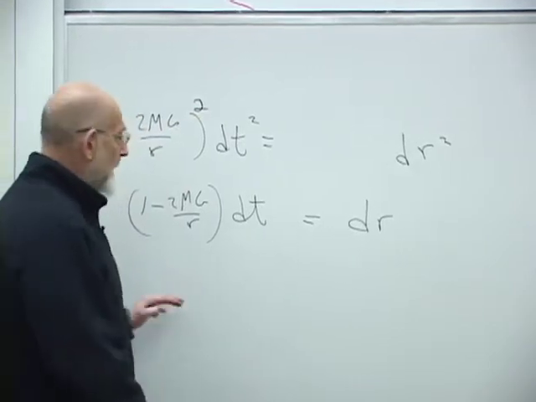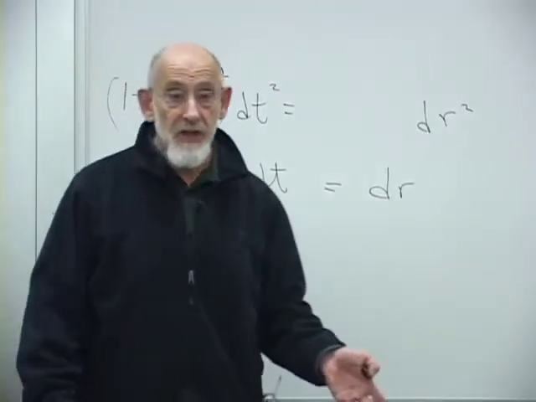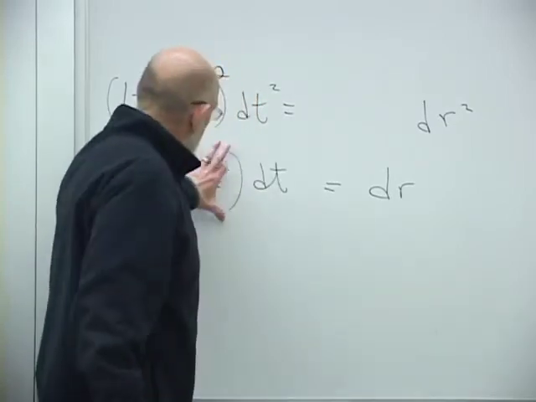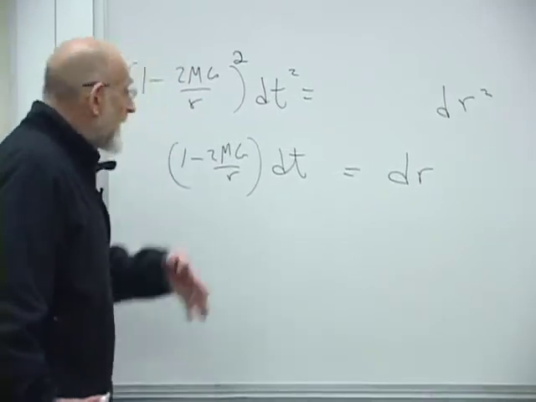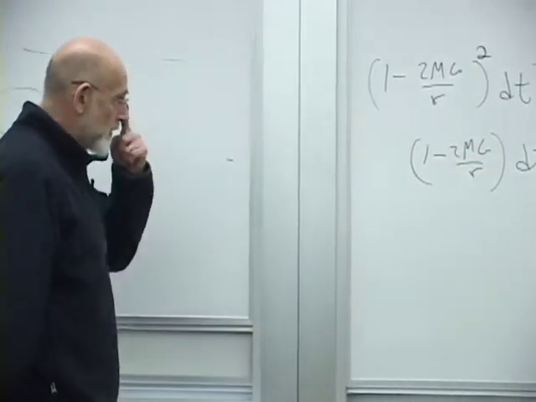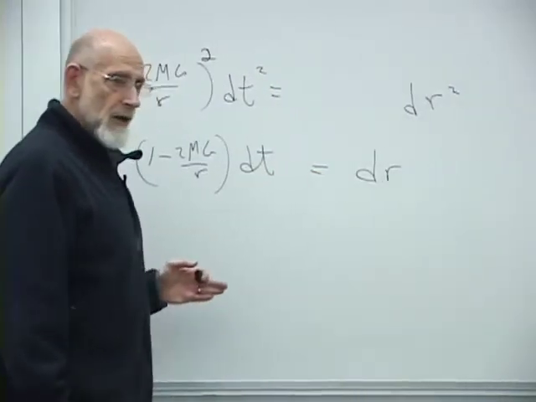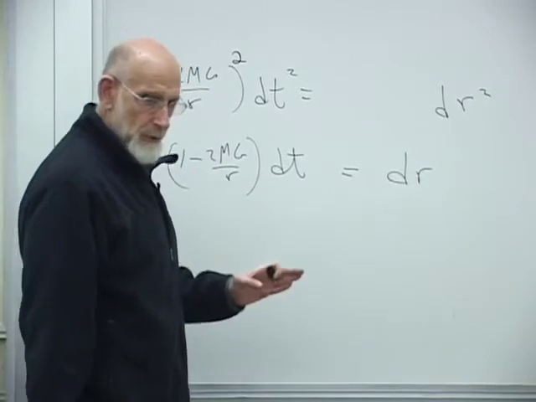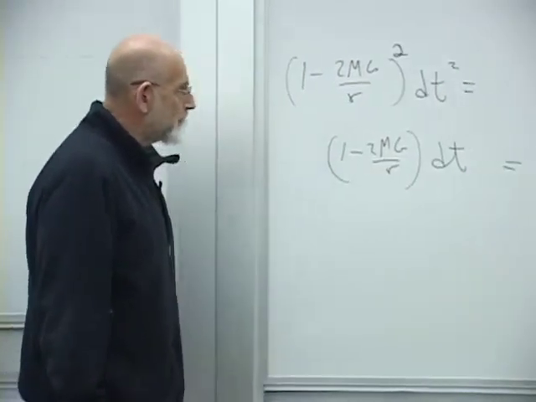Of course, if I put the speed of light back in, it would say that dr is equal to c dt. But that's just a statement that the light ray moves with the speed of light. In fact, the whole statement is really the statement that the light ray moves with the speed of light. But you can see that as you move in closer to the black hole, the mathematical description of the motion of the light ray gets modified a little bit.